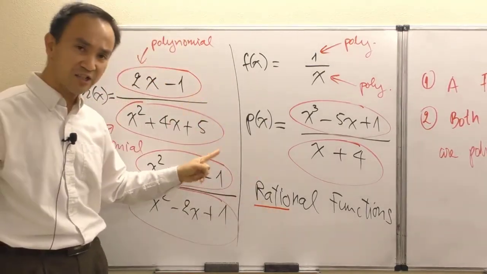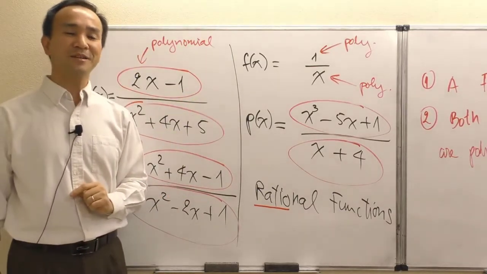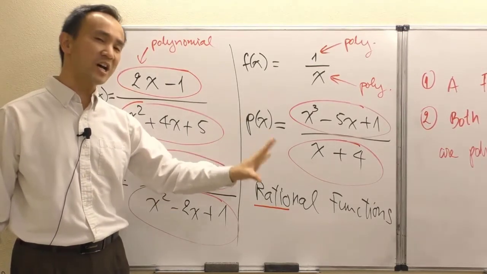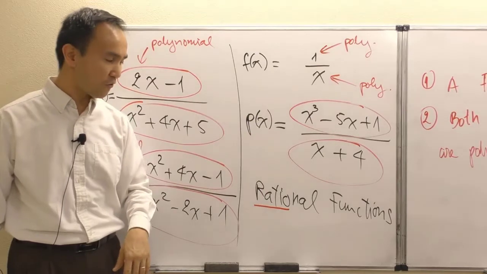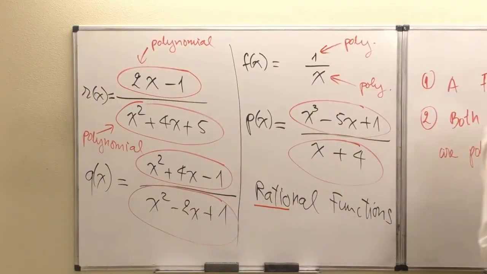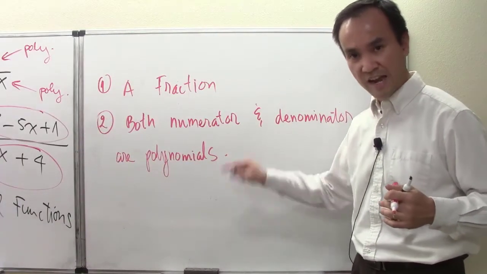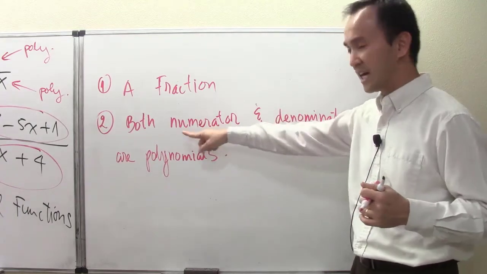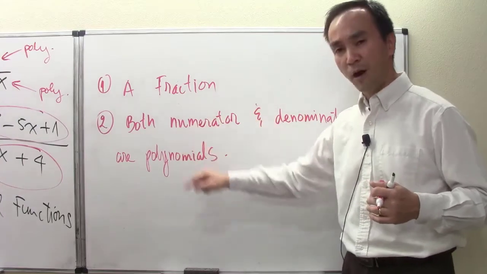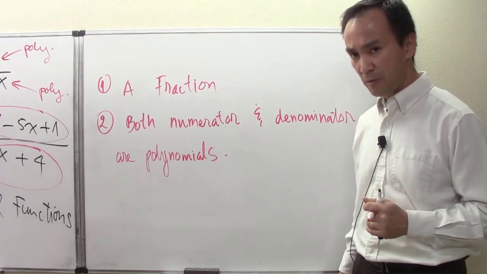So the function has to first be a fraction. That's the first thing. But aside from being just a ratio, each one of the two components has to be a polynomial, or another way of saying it, both numerator and denominator are polynomials.